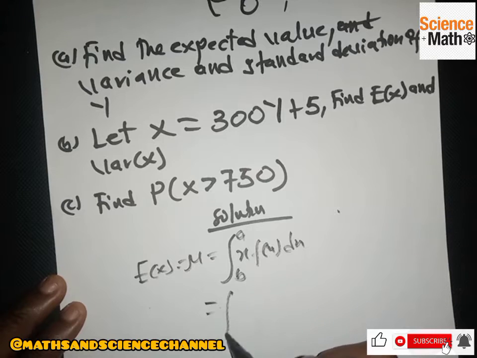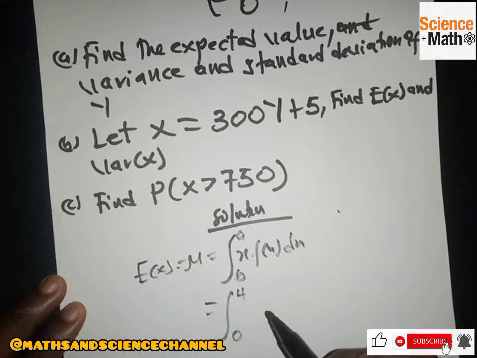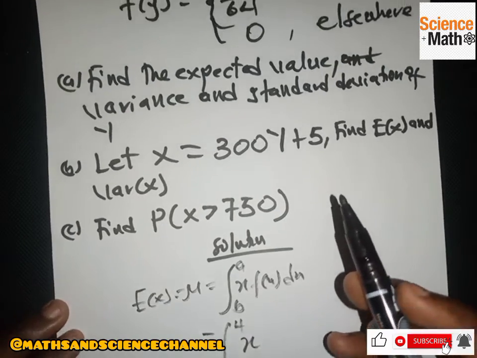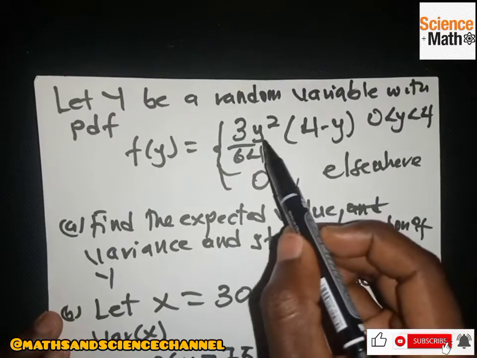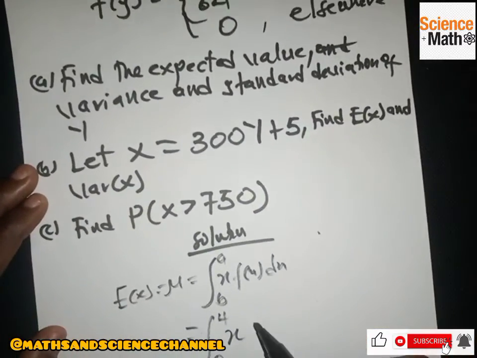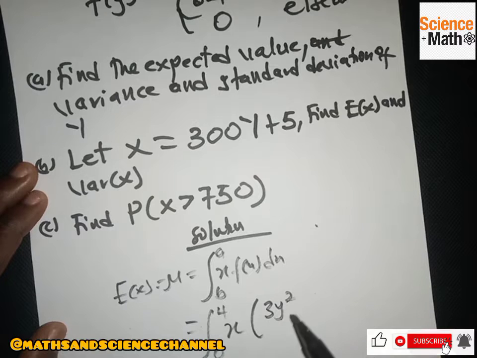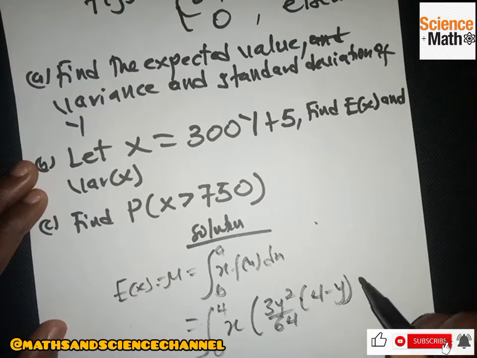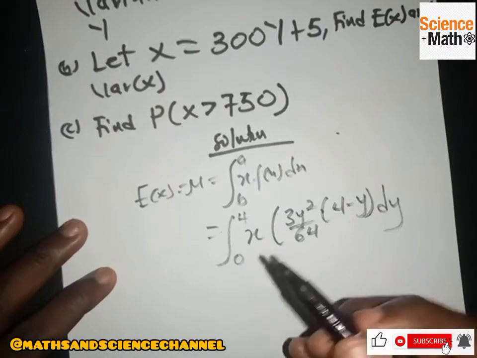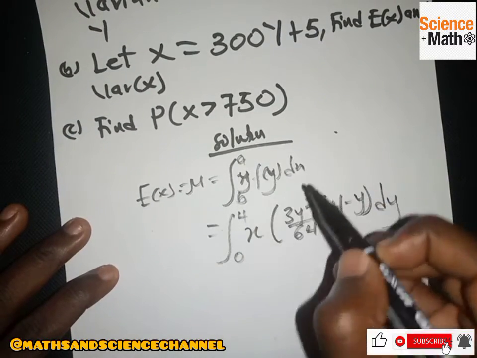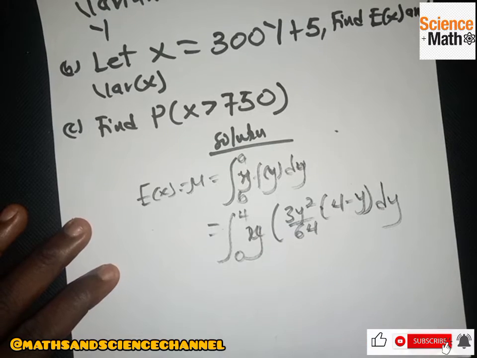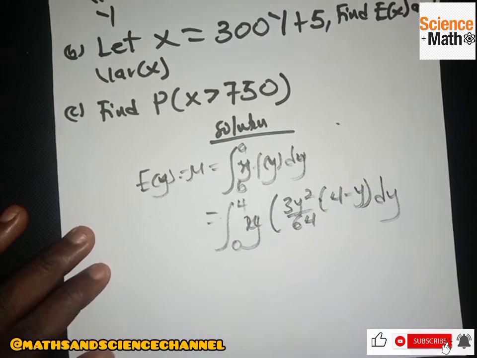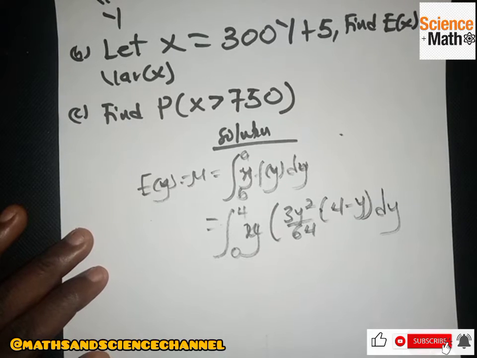So in this case we have the upper limit 4 and lower limit 0, and we multiply x by the piecewise function, so we have 3y squared divided by 64, multiplied by (4 minus y), dy. Since we are using y, let's use y in every case, so E of y, the expected value of y.